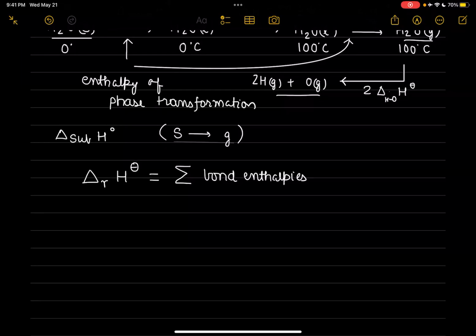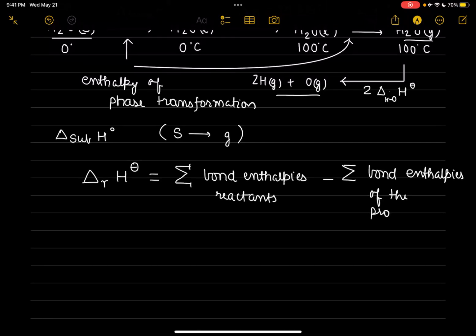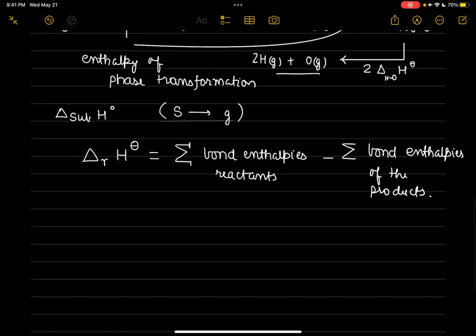But in case of bond enthalpy, this is reversed. The sigma represents the sum of the bond enthalpies of the reactants minus the sum of the bond enthalpies of the products. Is it clear? This is just the reverse.